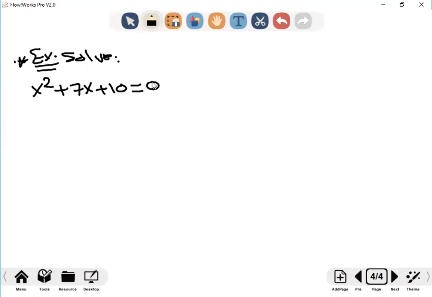How do we factor this type of equation? We open two brackets, right? And here x, then you search for two numbers. If you multiply them, you get 10. If you add them, you get 7, which are 2 and 5, or 5 and 2, right?